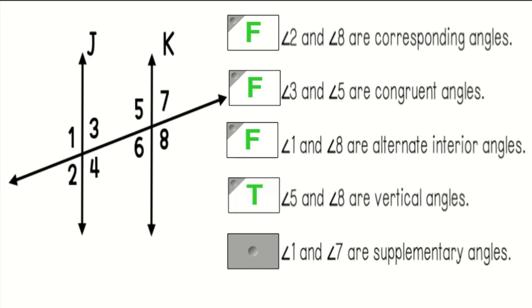Yeah, vertical angles mean they're across the X from each other. 5 and 8 are across from each other. 1 and 7, are they supplementary angles? Yeah, what that means is they're different, right? 1 and 7, 1's the bigger angle, 7's the smaller angle. So that means they are supplementary. They add up to 180. Any questions on that?